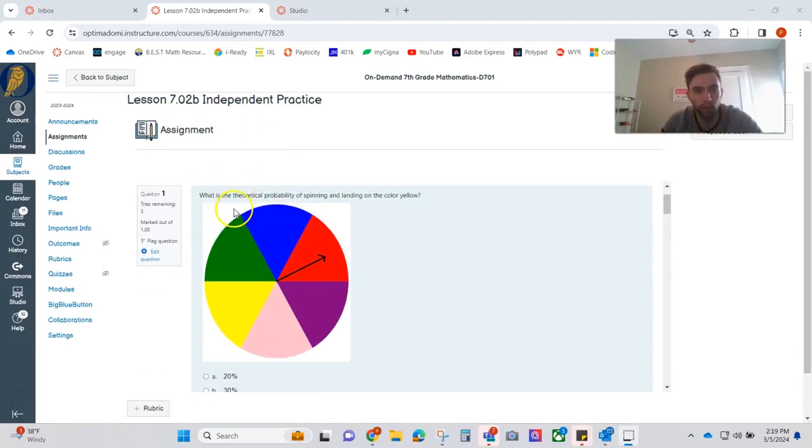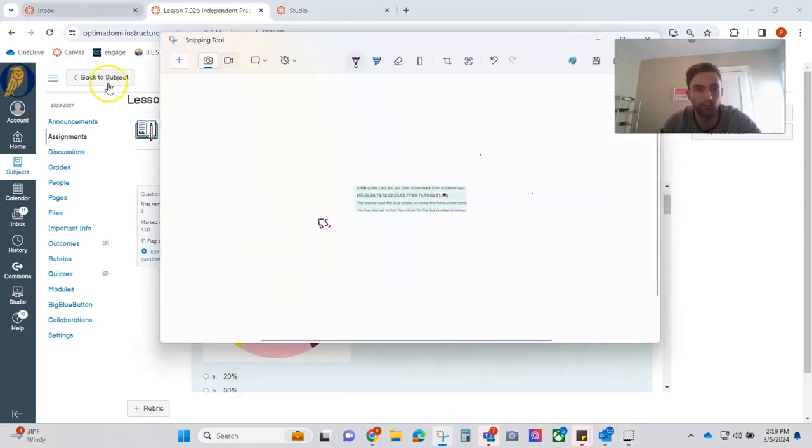Question 1. What is the theoretical probability of spinning and landing on the color yellow?